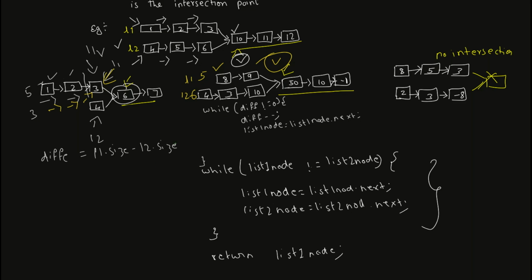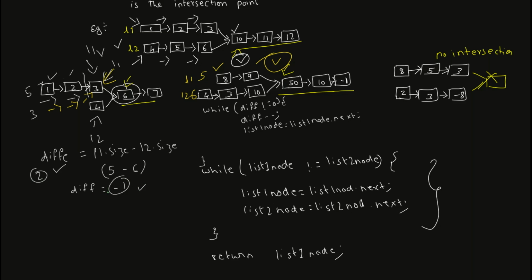So let's find the difference value for this case. The L1 size is 5 and the L2 size is 6, so our difference will be -1. For the earlier case, our difference is 2, which is a positive value, and this is a negative value.